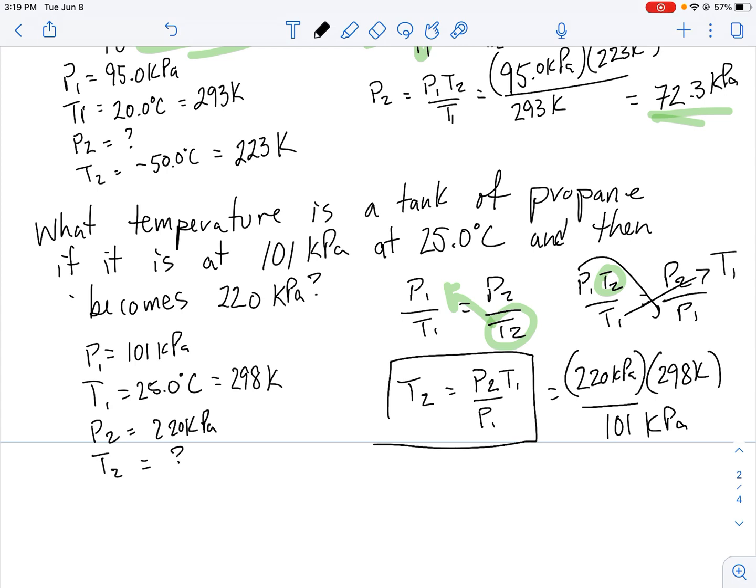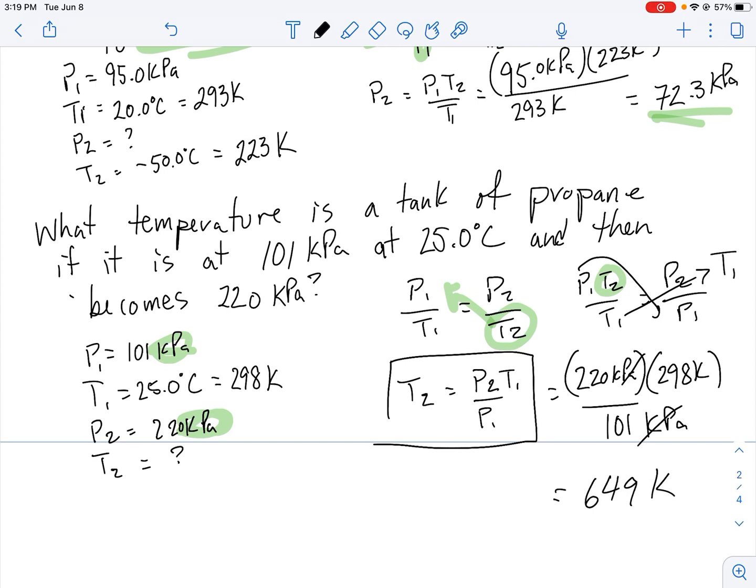If they weren't the same kinds of pressure, then I'd need to convert one of them. It doesn't matter which one, they just have to cancel out, right? Here I've got kPas and kPas. So I'm going to put that into my calculator, 220 times 298 divided by 101. And this gives me a T2 of 649 Kelvin.